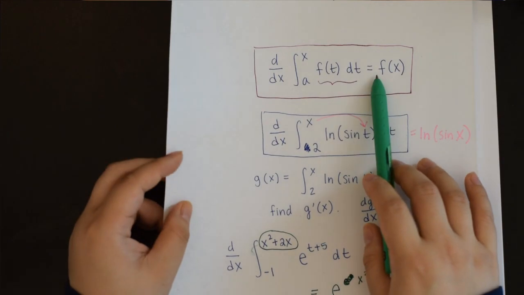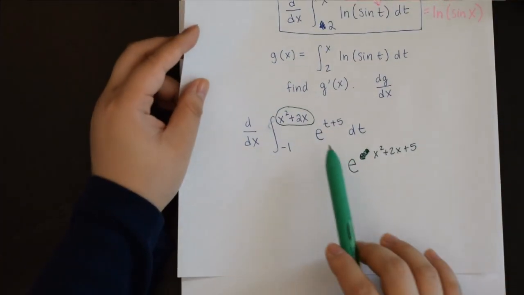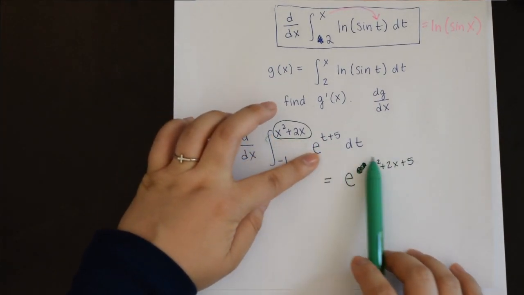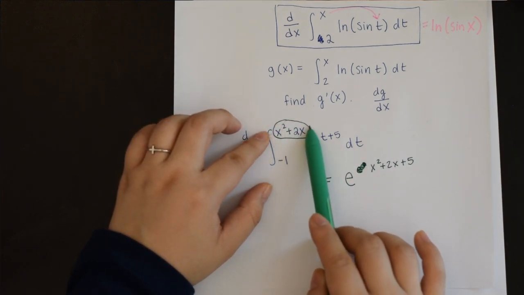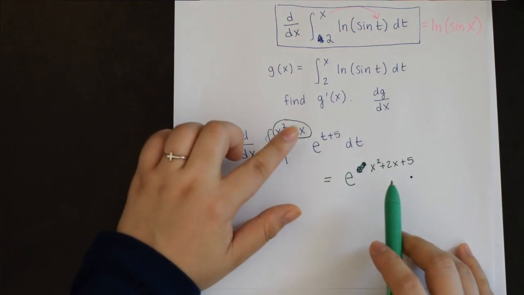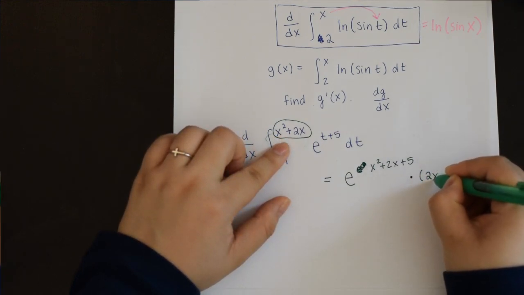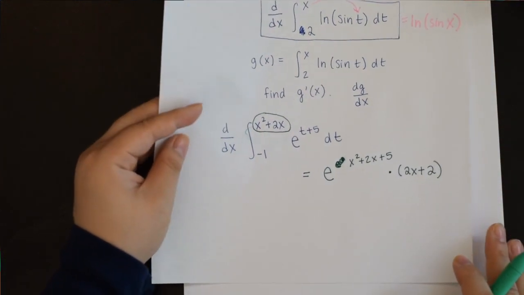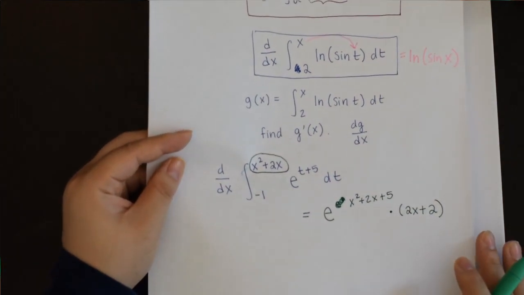So basically, I did my f of x. I put the x into the t's, and in this case, just this t. So x squared plus 2x plus 5. But because this is not x, I also need to multiply by the derivative of that, which is 2x plus 2. So it's an application of the chain rule when combining it with this first fundamental theorem.